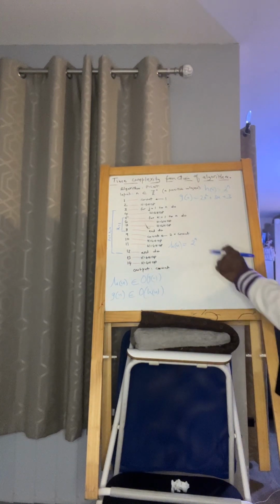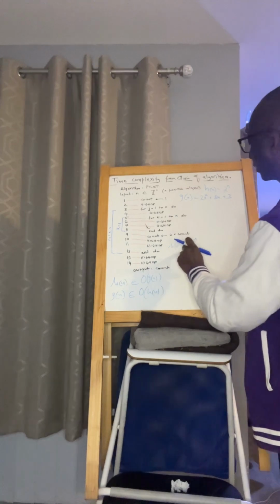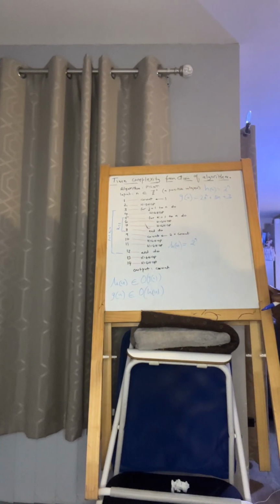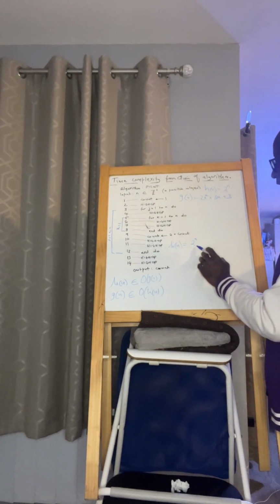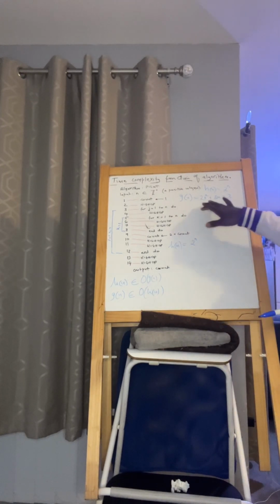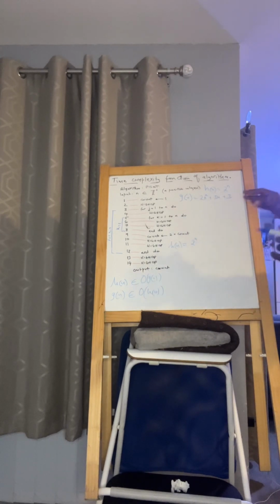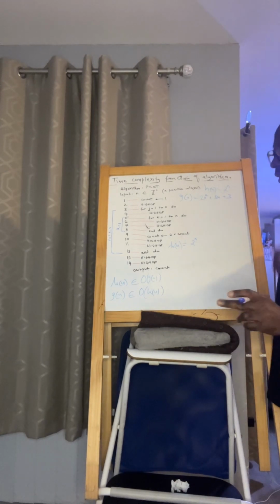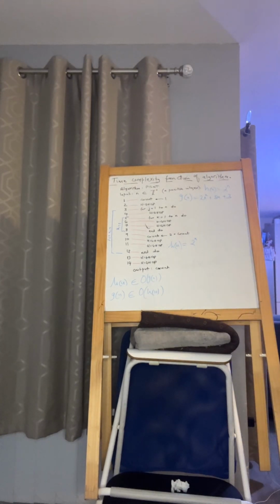So if you take the limit of this function when n approaches infinity, what is it going to be? And if you look at g of n, when n is very large, approaching infinity, what is this function going to be? Then you compare the two.